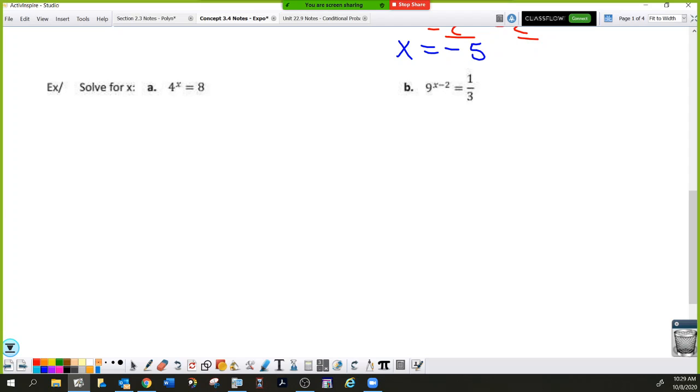But 8 is a power of 2. And so is 4. So what we can do for part A is reduce down both sides to base 2 numbers. So instead of saying 4 to the x, I could say 2 to the 2x equals 2 to the third.